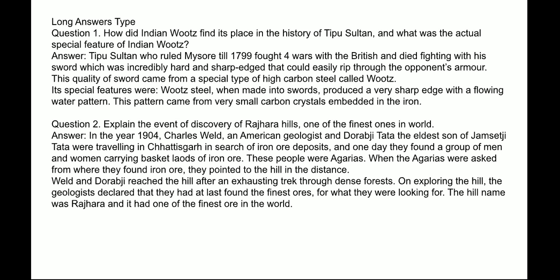When the Agarias were asked from where they found iron ore, they pointed to the hill in the distance. Weld and Dorabji reached the hill after an exhausting trek through dense forest. On exploring the hill, the geologists declared that they had at last found the finest ores for what they were looking for. The hill name was Rajhara and it had one of the finest ore in the world.